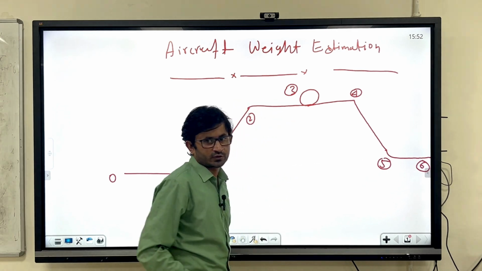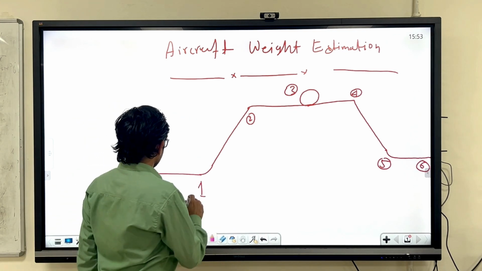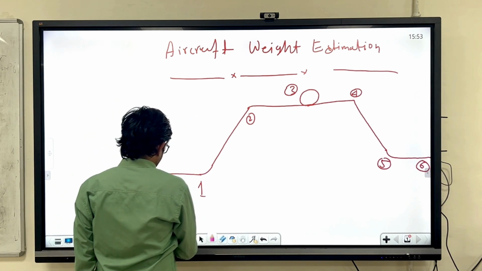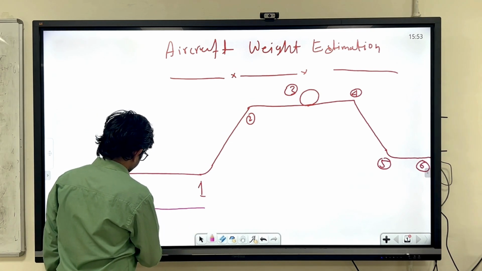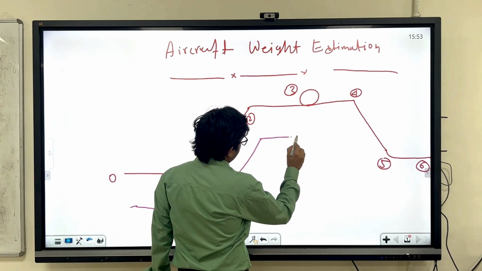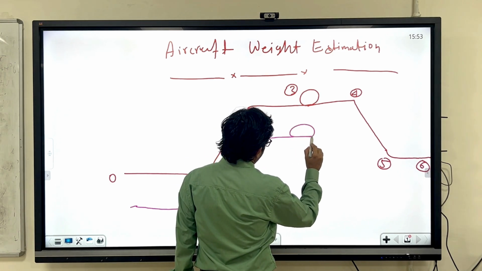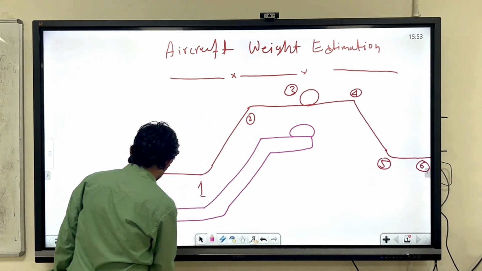It is not always that you will follow this kind of trend. You may go from takeoff, then climb, then cruise, then loiter, and then return back to the base.